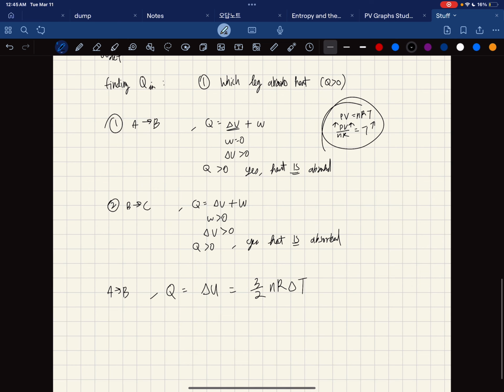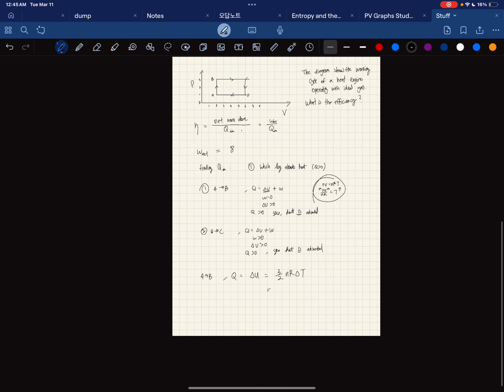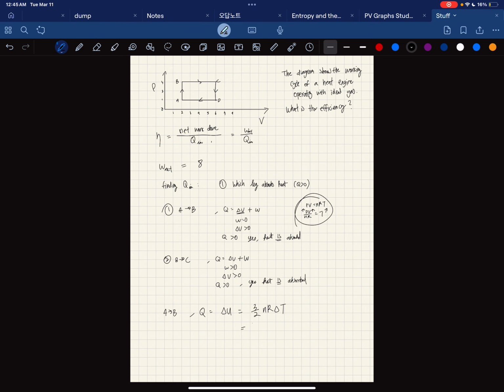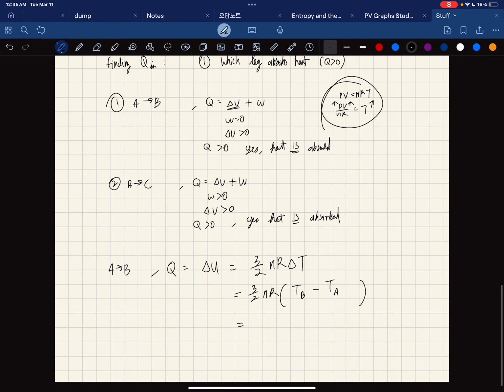It's fine, we can manipulate it. How I'm going to manipulate it is by saying that change in temperature, delta T, is equal to temperature B minus temperature A. And I can simplify that, actually, I'm just going to write it as that.